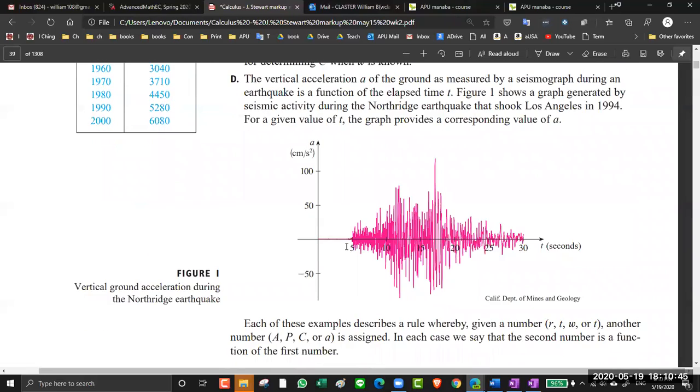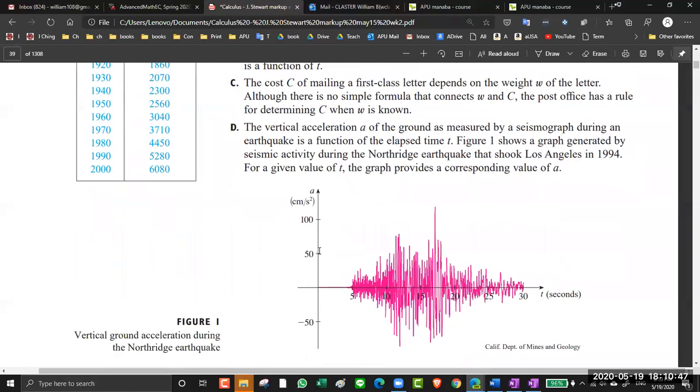Okay, one more example. The vertical acceleration of the ground as measured by a seismograph during an earthquake is a function of the time. Figure 1 shows a graph generated by the seismic activity during the Northridge earthquake that shook Los Angeles in 1994.